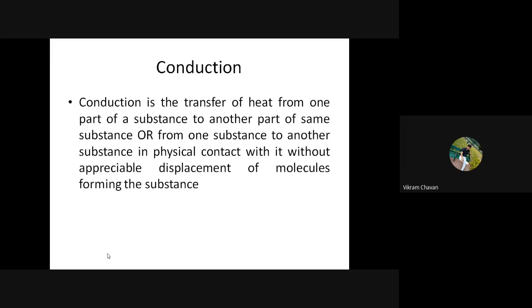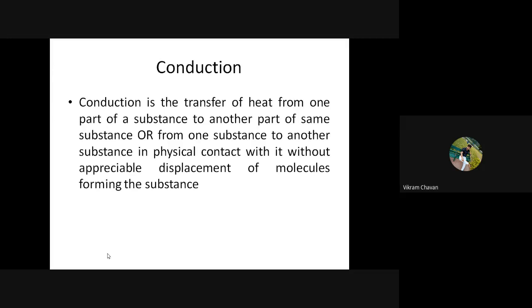Now we try to understand what is meant by conduction. Conduction is the transfer of heat from one part of a substance to another part of a substance, or from one substance to another substance in physical contact with it, without appreciable displacement of the molecules forming the substance.